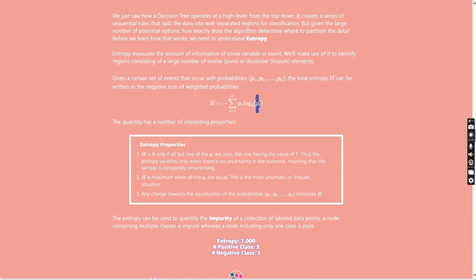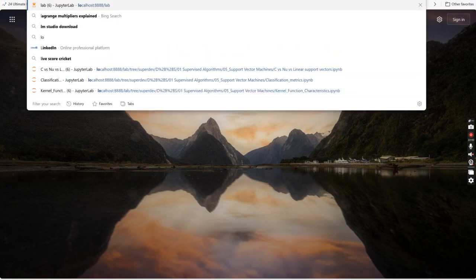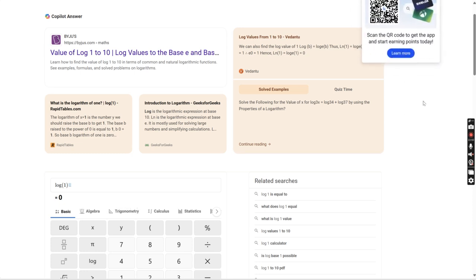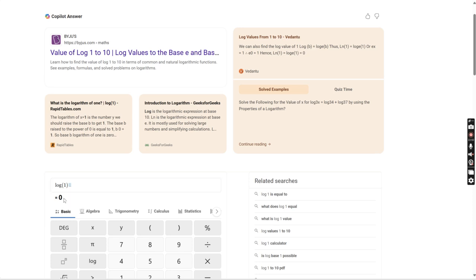One event can have a probability of 1. What is log 1? Anybody? See, log 1 is 0. So the entire sum will become 0 if only one event can have probability 1, because 1 into log 1 is still 0.